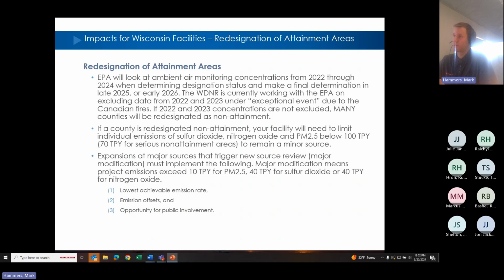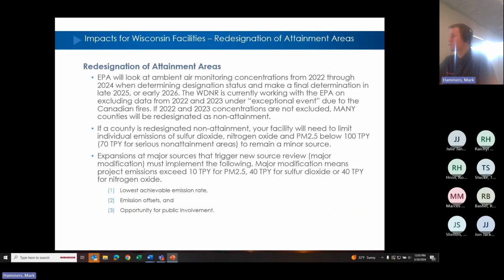So last I heard, EPA hasn't excluded it yet. But from those I talked to, I believe EPA should. They approve these exceptional events out east and out west due to fires. So I think they should approve it in this case because of those Canadian fires. So just keep an eye on that.